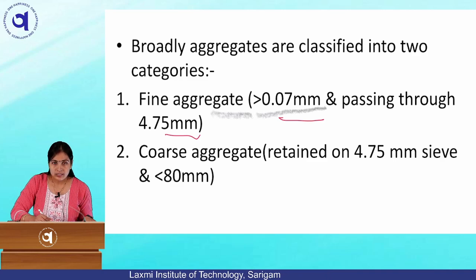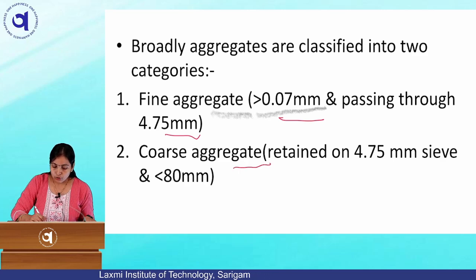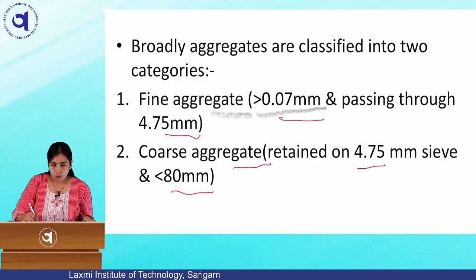Fine aggregate means sand. Coarse aggregate has a size between 4.75 and 80 mm, meaning it passes through 80 mm and is retained on 4.75 mm.